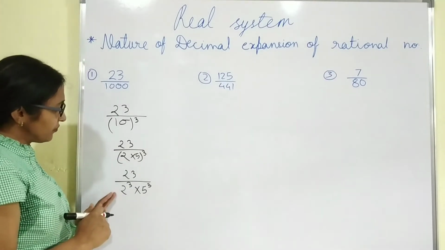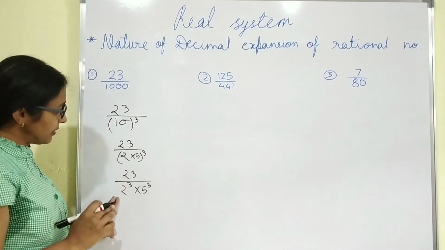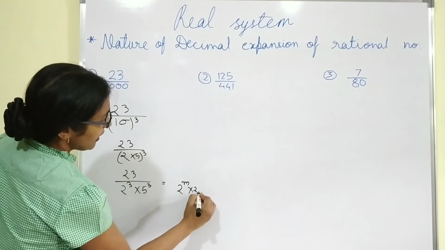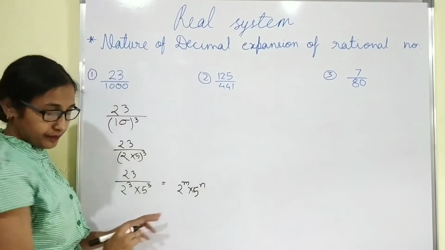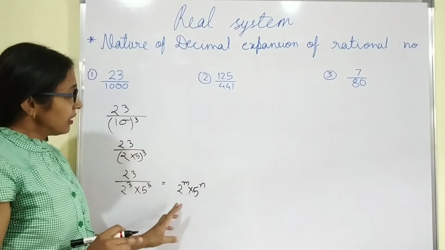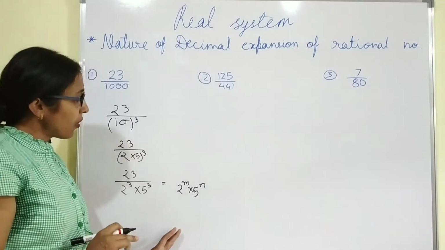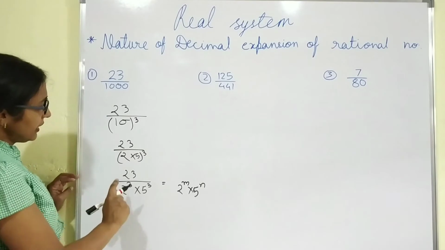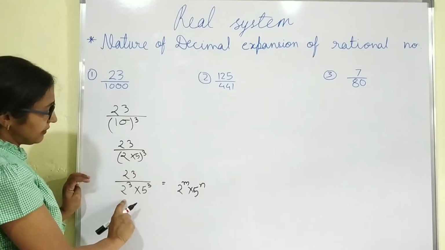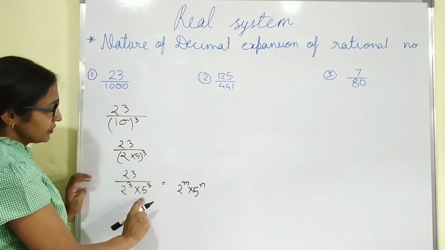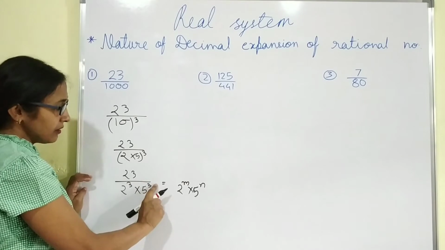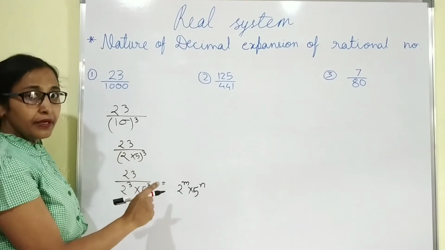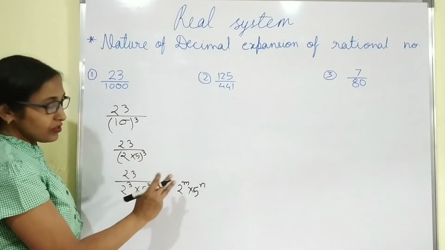Because if the denominator of any number is of the form 2 power m into 5 power n, or 2 power m only or 5 power n only, that number will be a terminating decimal. Okay, it was the first thing.